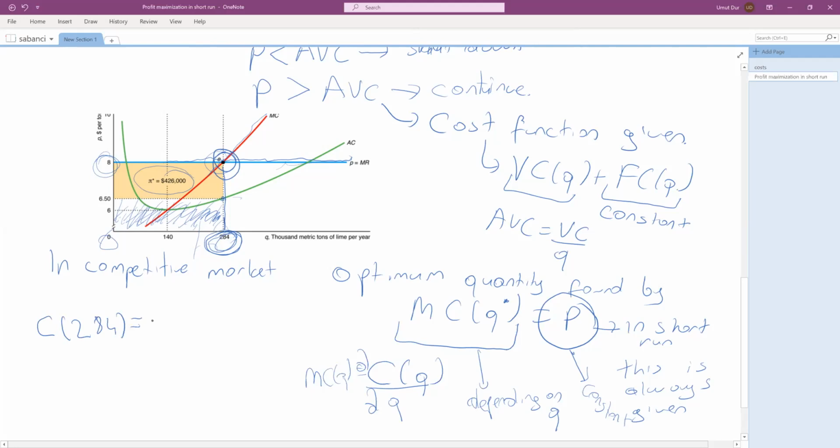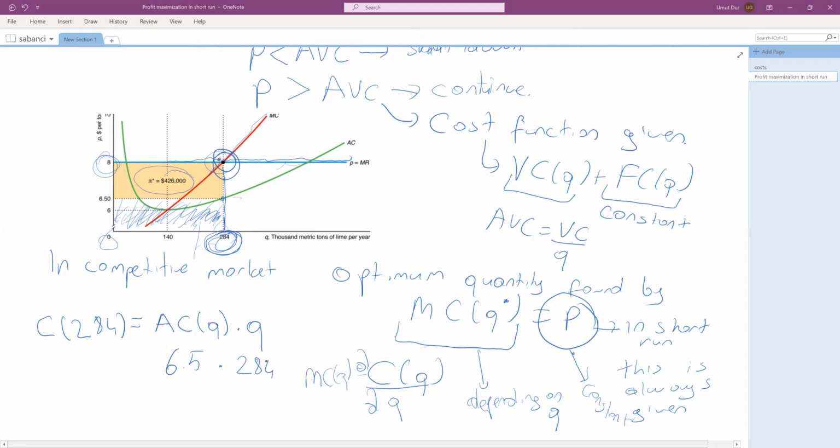How can I write the cost? I can have the cost function, or I can write the cost as average cost times quantity. I know that when the output level is 284, the average cost is 6.5. So this is 6.5, and I know the quantity is 284.